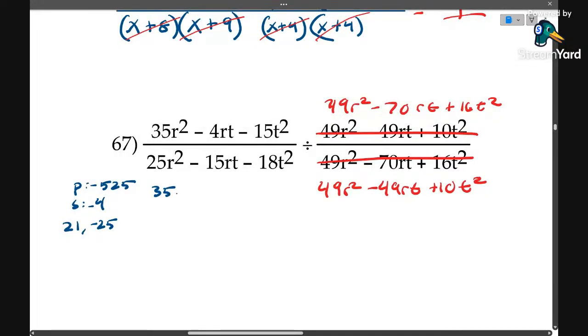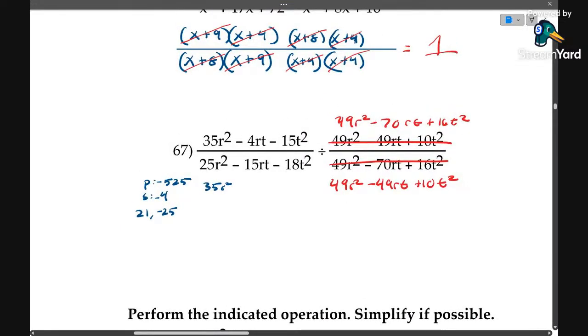So 35r squared. I'm going to run out of room really quickly. Let's move that.